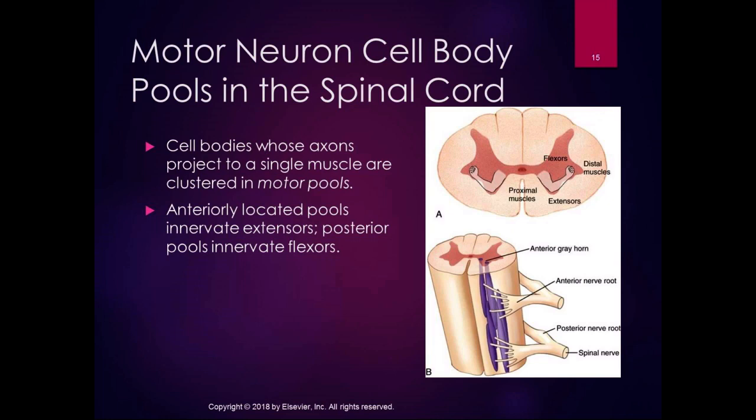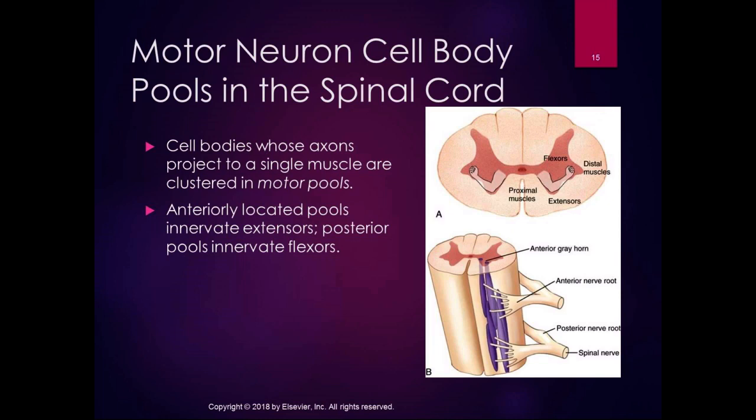You see these in the diagram, those little purple blobs. Those are muscle pools going out the ventral nerve roots to innervate skeletal muscles. Kind of neat, right? They're organized together because a lot of times the muscles work together.